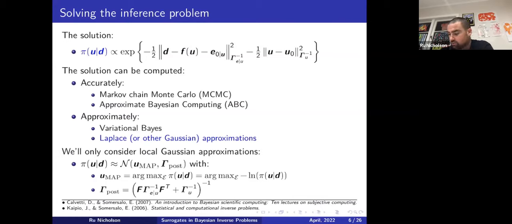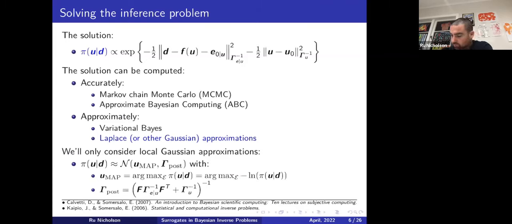Usually ABC is restricted to stochastic simulation models, but there are accurate ways of solving it, and there are proofs saying that given an infinite number of samples, we can accurately characterize the posterior using these methods. But typically what's done just for speed is to solve these problems approximately.